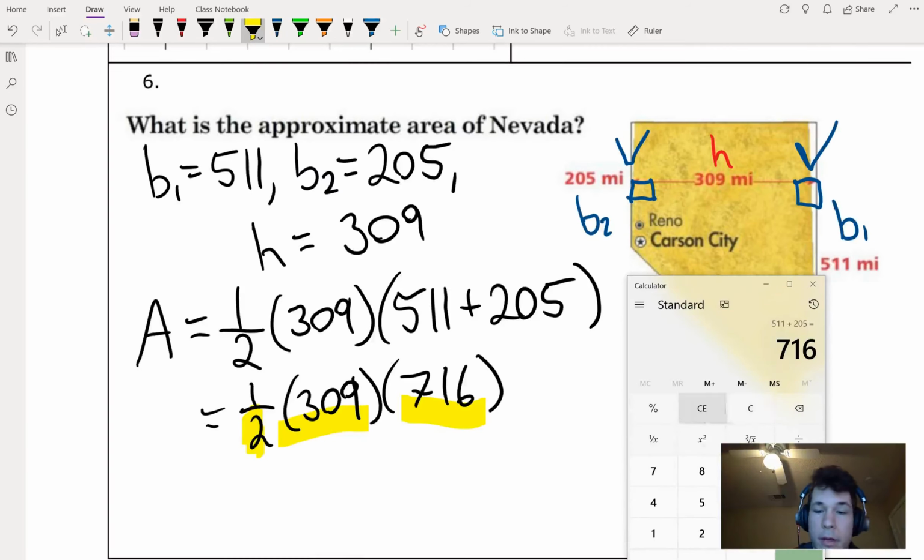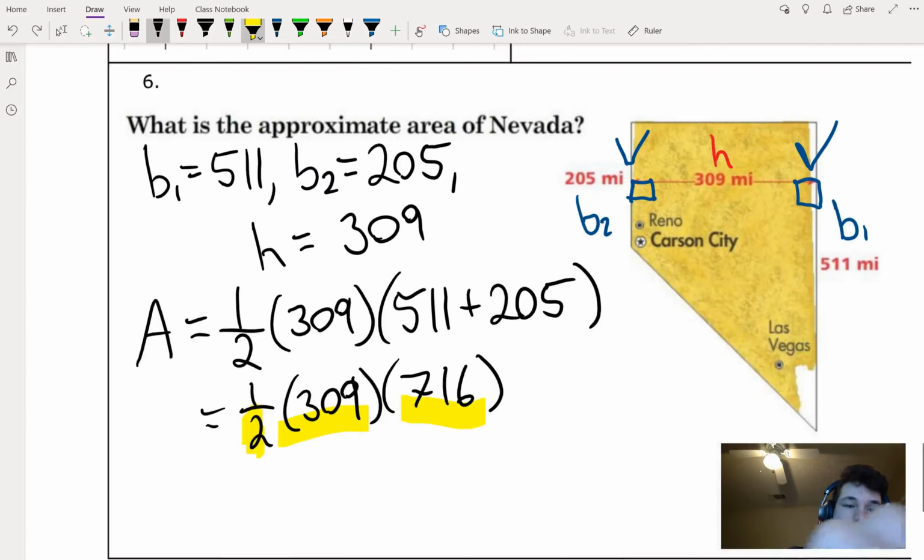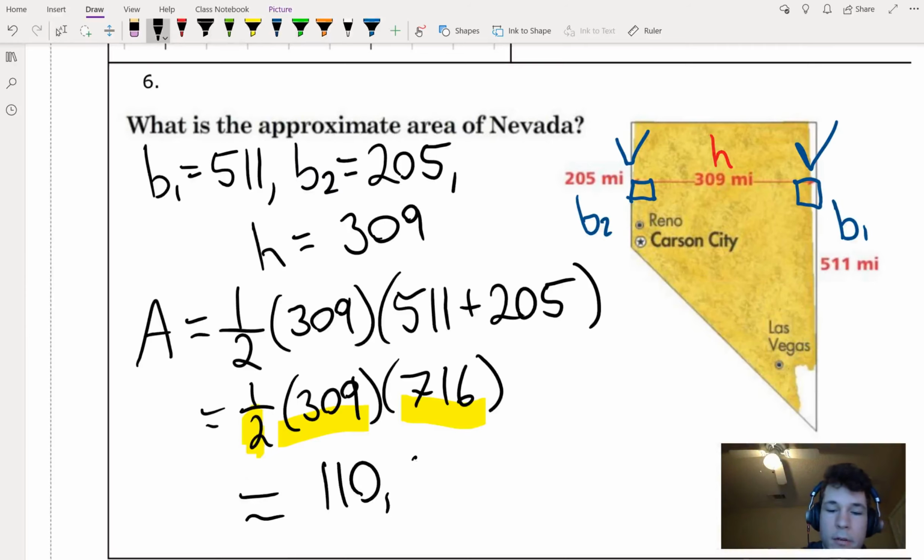Let's clear everything. 309 times 716 is equal to that big number. Divide that by 2. We get 110,622.